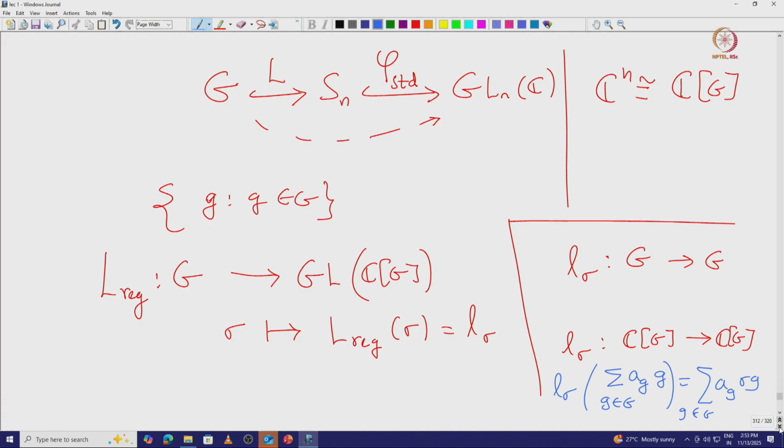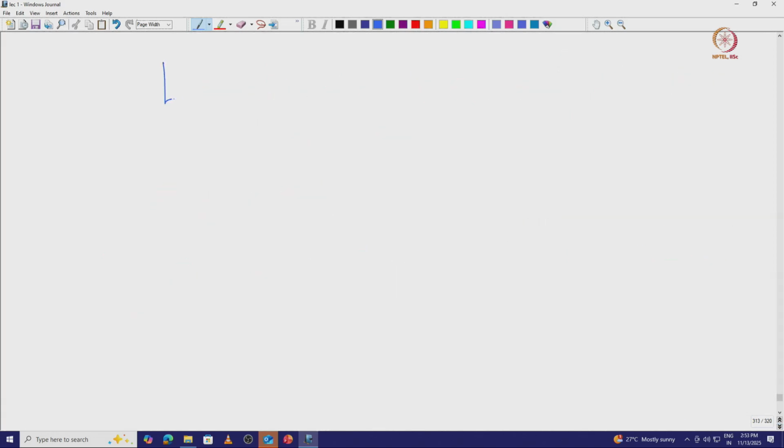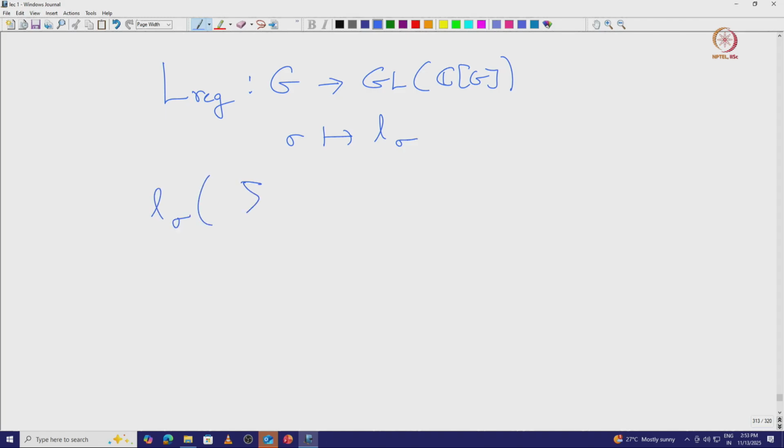Let us rewrite this map very explicitly. L regular is a map from G to GL of CG, given by sigma goes to L sigma, where L sigma of the summation of a_g g, g in G, is given by the summation of a_g sigma g, g in G. We have taken the left multiplication and extended it linearly to all elements of CG.